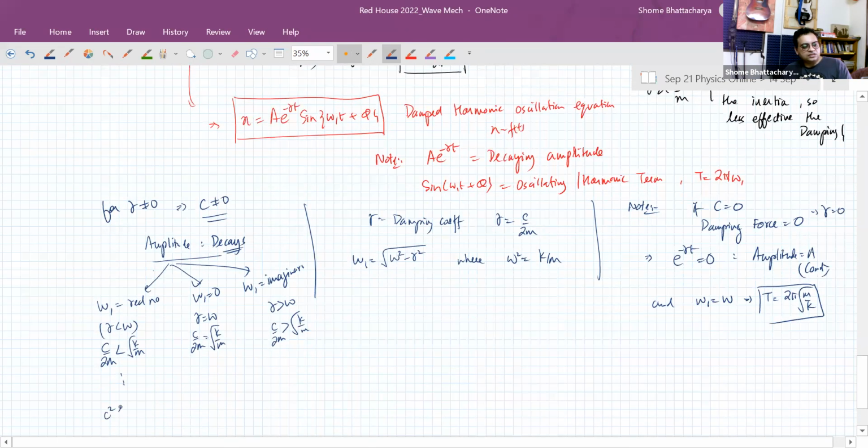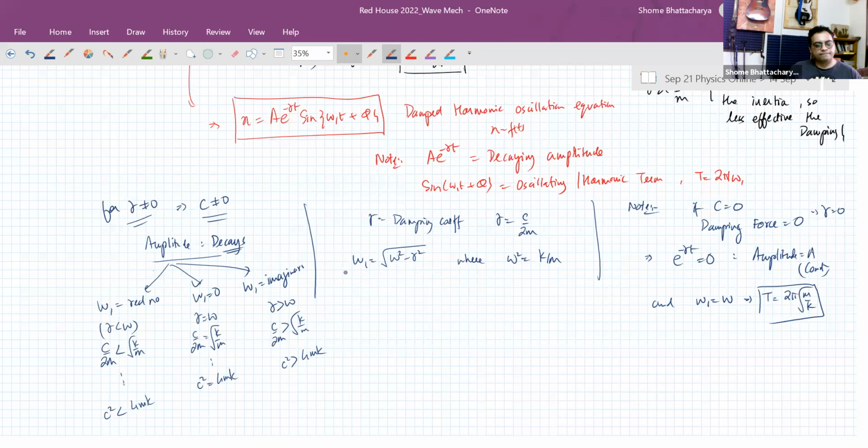Now c square is less than 4mk, c square is equal to 4mk, and c square is greater than 4mk. So for gamma not equal to 0, there are these 3 separate cases that can occur, which we'll discuss. But of course, if c is 0, there is no damping, so it's a regular SHM.